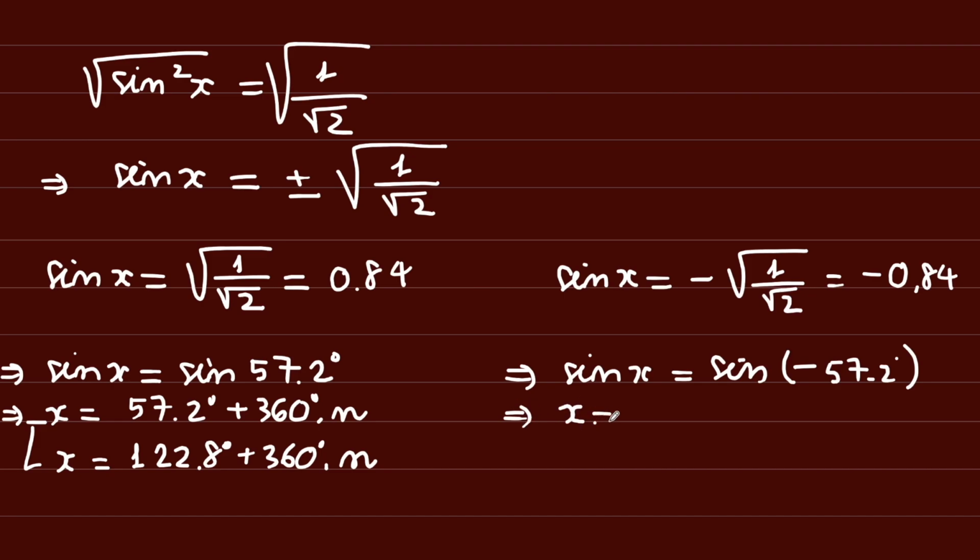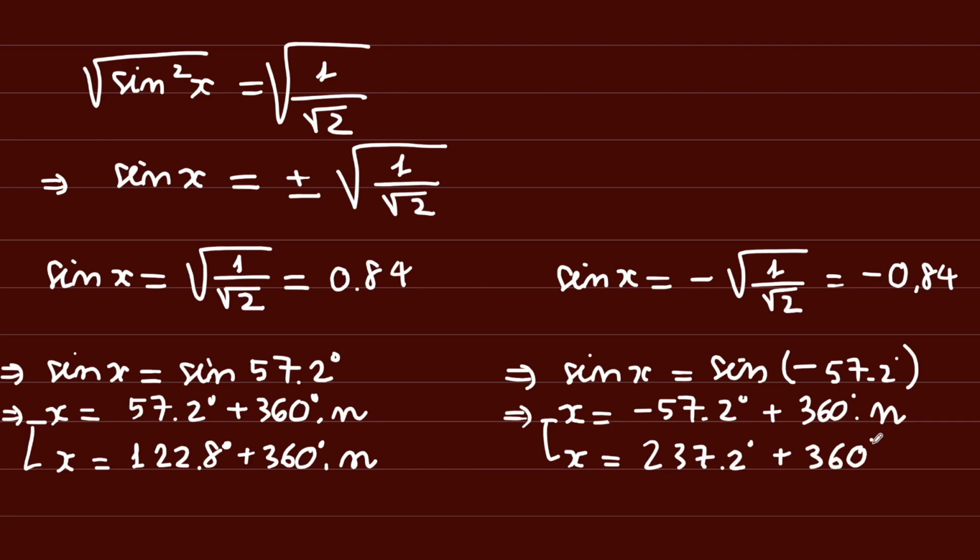Okay, so you got the first original general solution here, and then the second one, supplementary, means 180 minus this one, I mean the plus. So after addition, you got 237.2 degrees plus 360 degrees multiplied by n now.